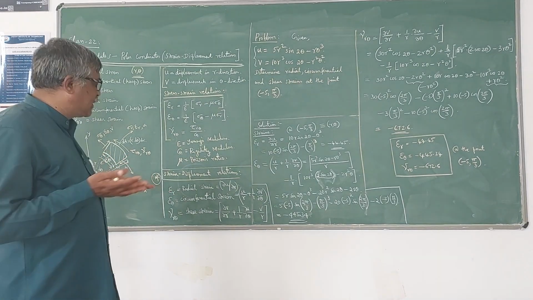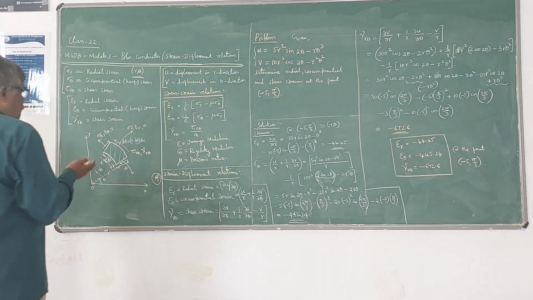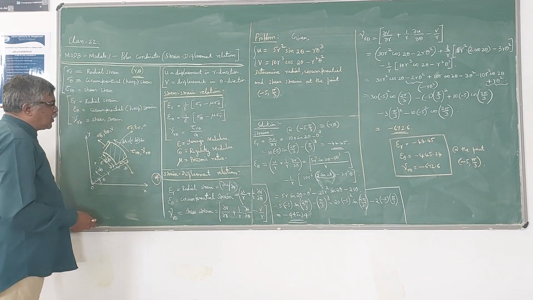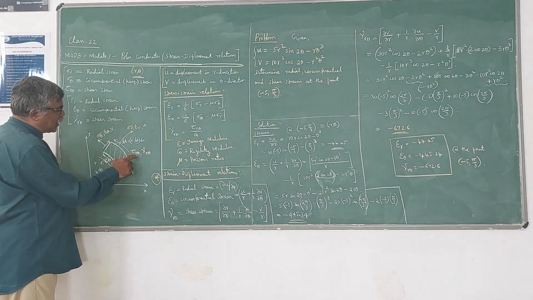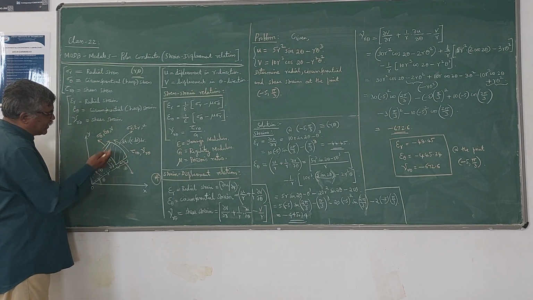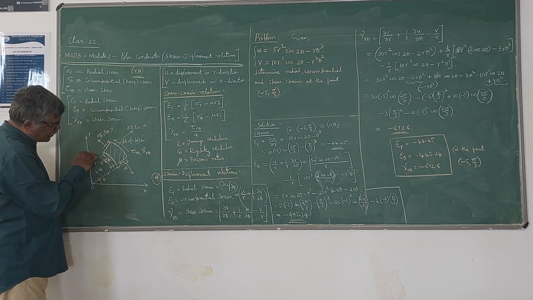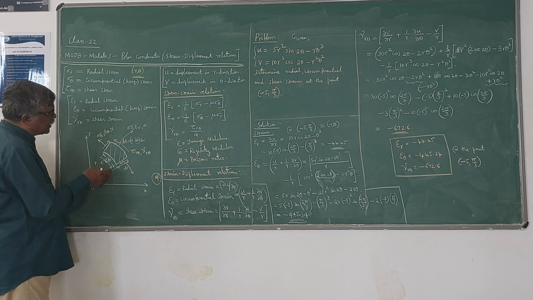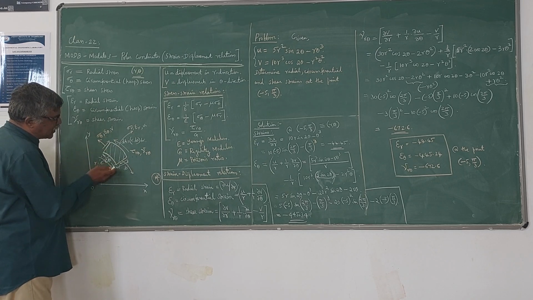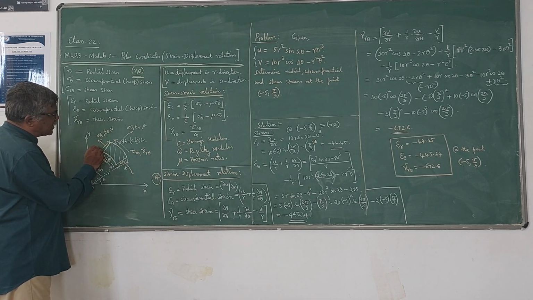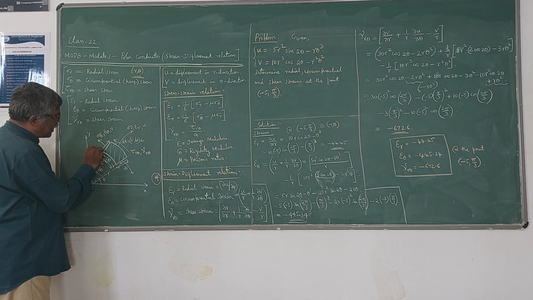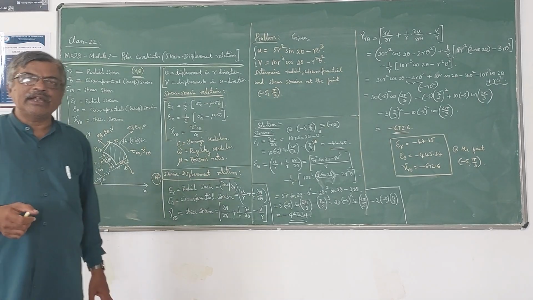it will act along the edge, parallel to the area. So the shear stress tau r theta, if I take it like this, the other one on the other side will be in the opposite direction, and here it will be like this and like this, because you know that shear stresses act in a complementary manner.